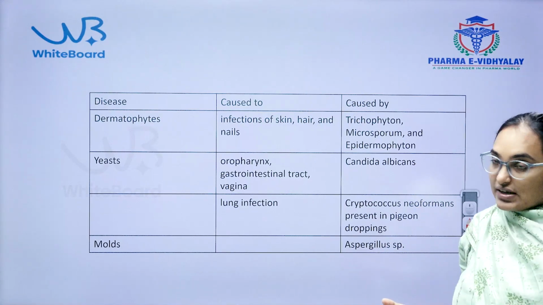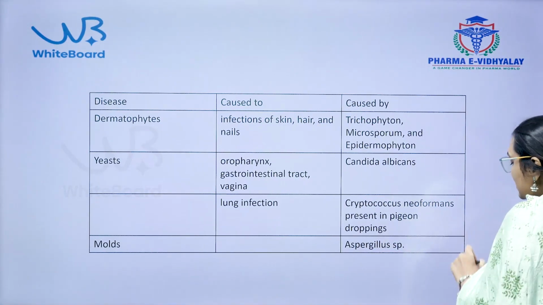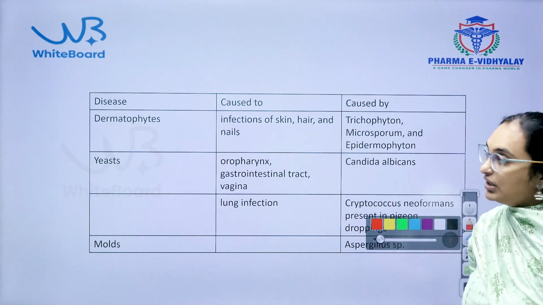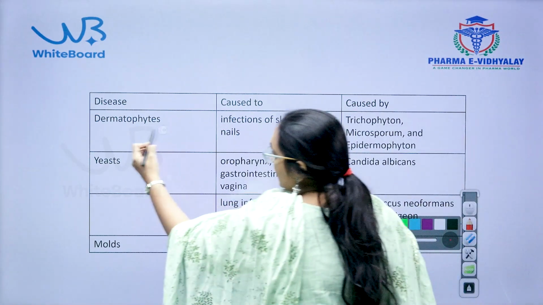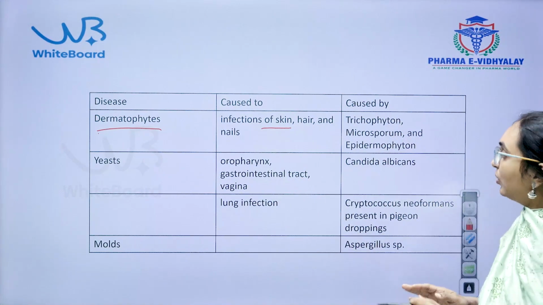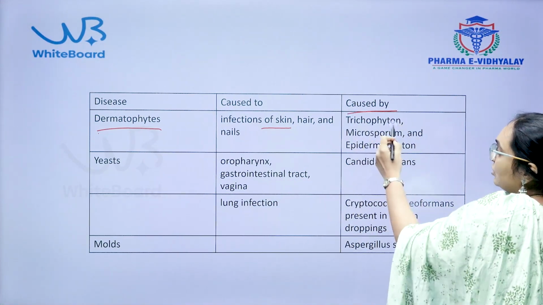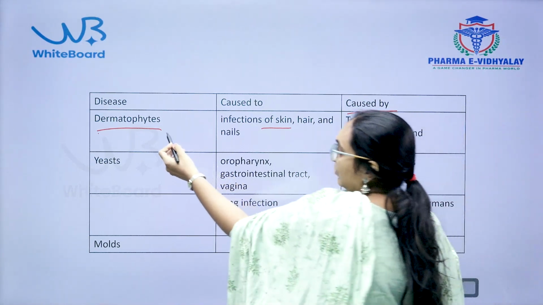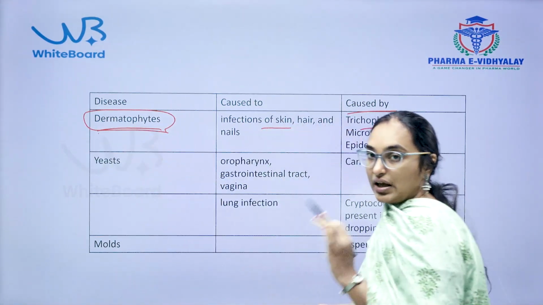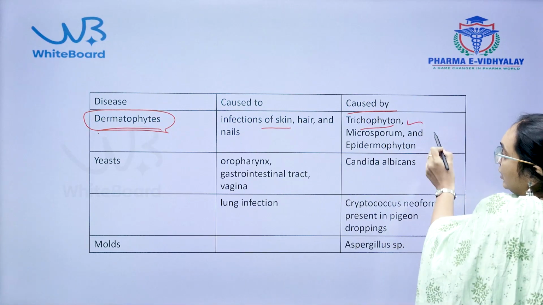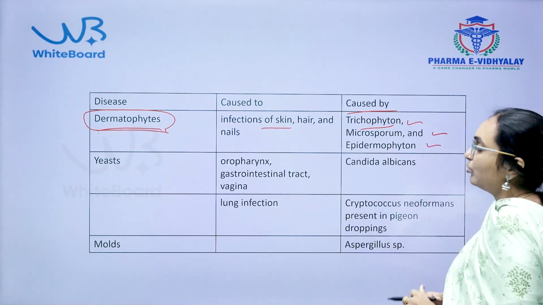So, various diseases and causative agents. Before going into the classification of antifungal agents, let us see the diseases, the causative agents, and the affected area. For example, dermatophytes are caused by Trichophyton, Microsporum and Epidermophyton.